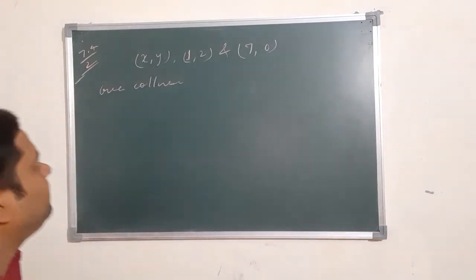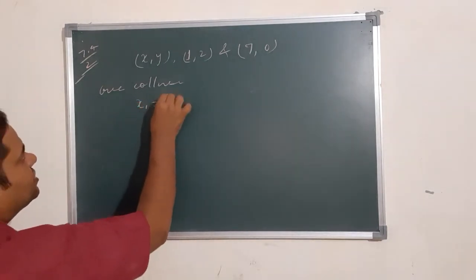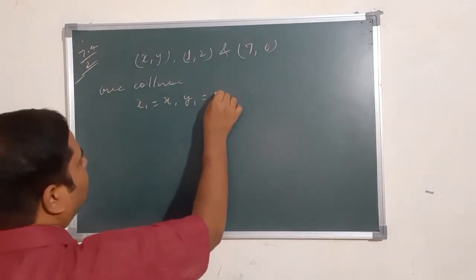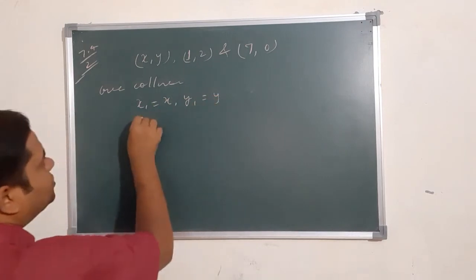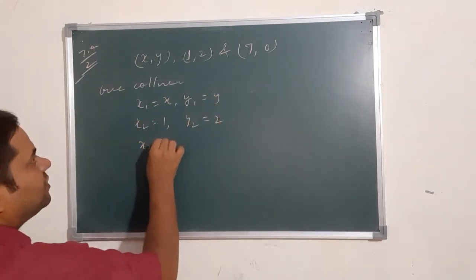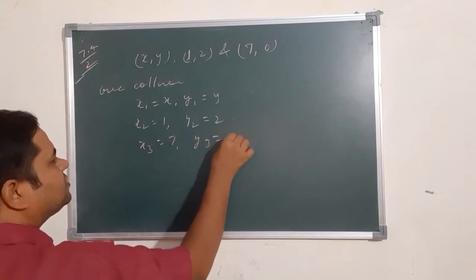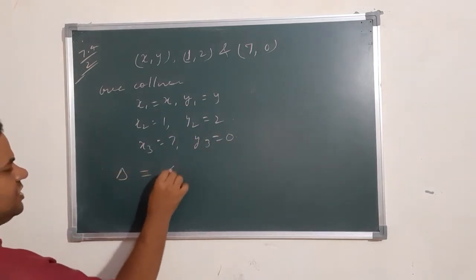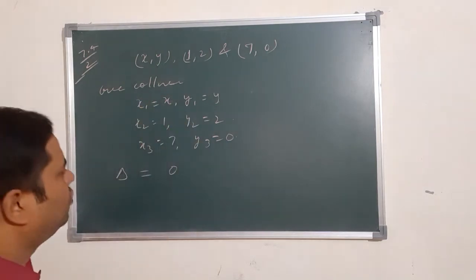So please see. Here x1 is equal to x, y1 is equal to y, x2 is equal to 1, y2 is equal to 2, x3 is equal to 7, y3 is equal to 0. Now the area of the triangle is 0 if these three points are collinear.